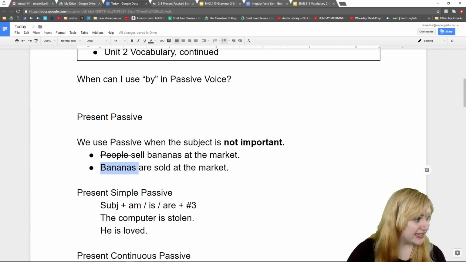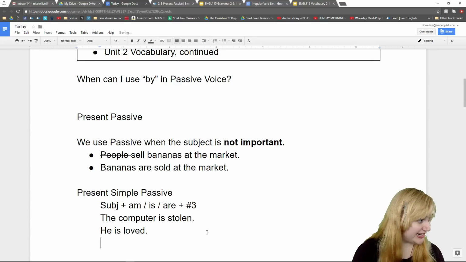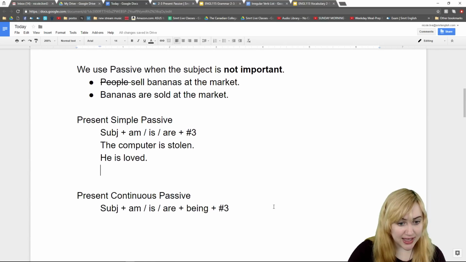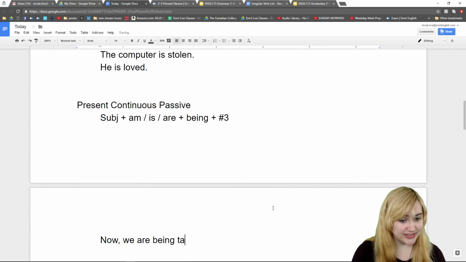Let's see. We have a few example sentences from students. I'll write these here. This one's for continuous passive. Let me write it down here. Now we are being taught by Nicole.